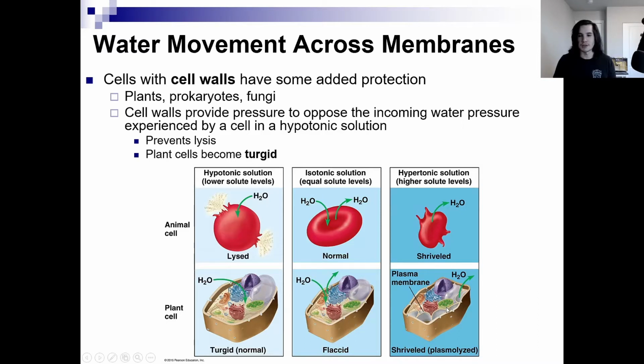Now, if you have the plant in a hypertonic solution, so let's say you just put it in a bunch of salt water, all of that fluid from within your cell is going to leave to dilute that solute. And as a result, your plant cell will actually shrivel. However, the cell wall maintains its structure, where it doesn't follow suit with the plasma membrane.